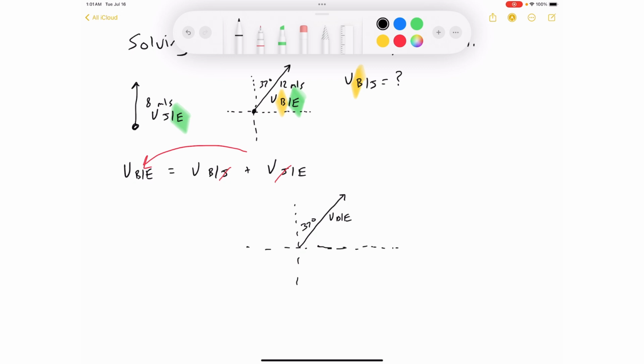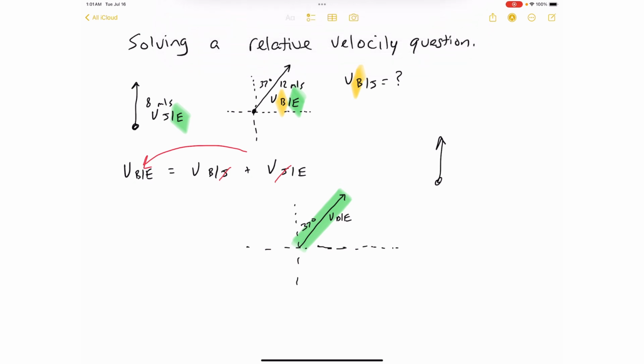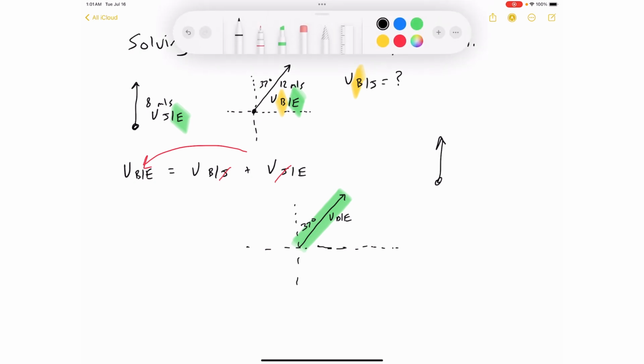Now here's the thing about this vector, and I'll end up erasing this in just a second, but the vector looks like this. I need to take two vectors that add up to this thing, something like this plus this, or this plus this. Basically, I have to take two vectors that add up to that black one, right?